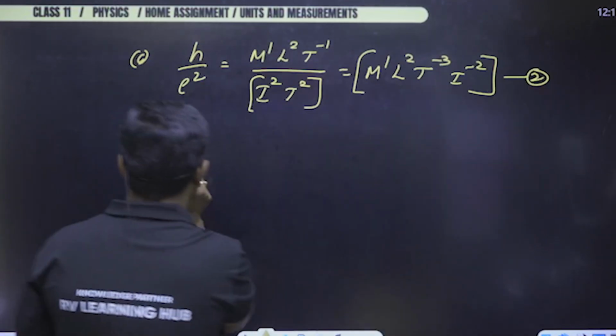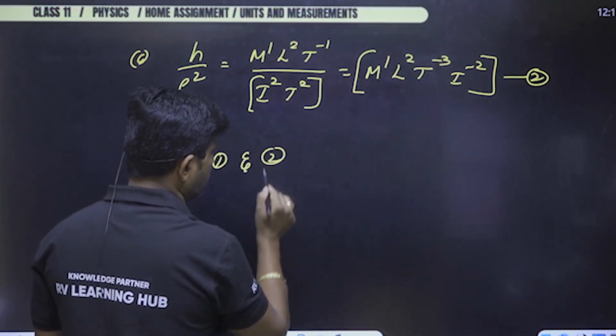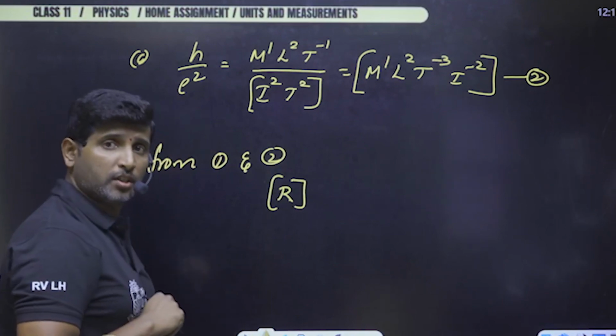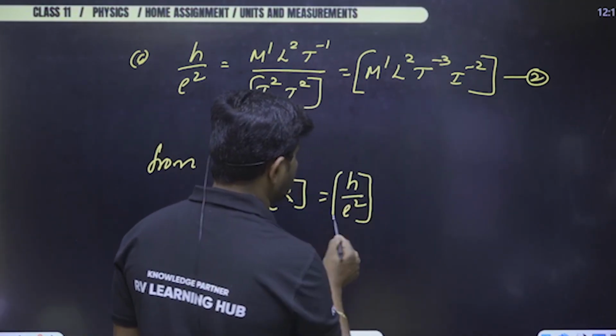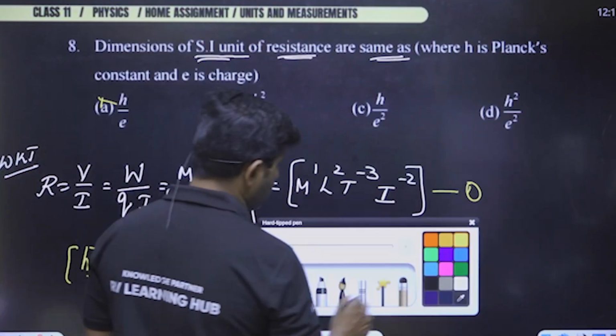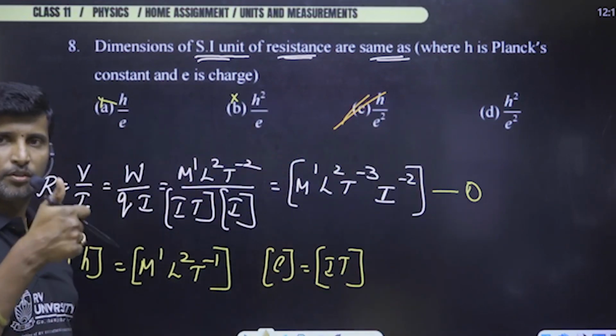From 1 and 2, we can say that the dimensions of the resistance will be same as that of h by e square. Hence we can select option C as the right answer here. Option C as the right answer.